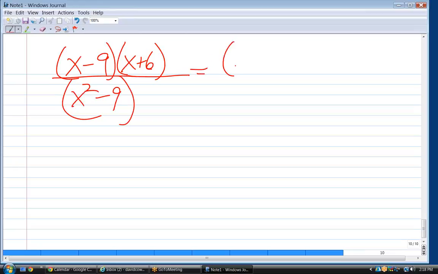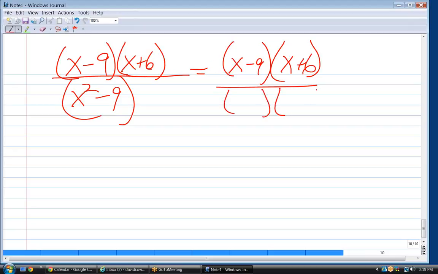Always, pretty much you can almost say that no matter what the problem, if you can factor something, factor. That's the bottom, so factor. That's x plus 3 times x minus 3. Can I cancel anything? No.